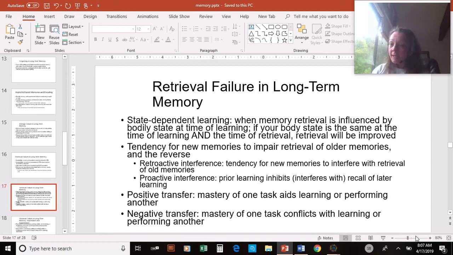If you smoke marijuana when you study and you're in that altered state of consciousness, and it's actually helping your memory, then you have to be high when you take the test so that you can retrieve that information. And so it just tends to work that way.